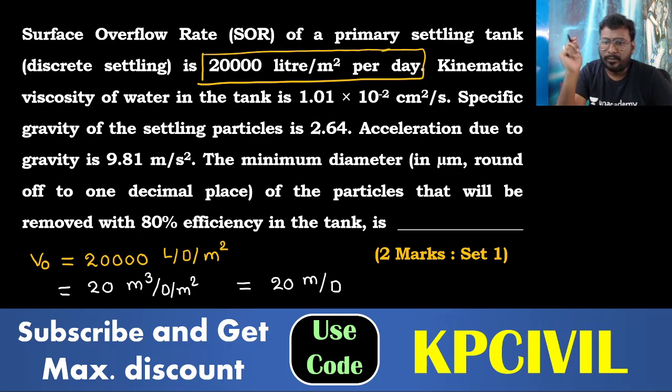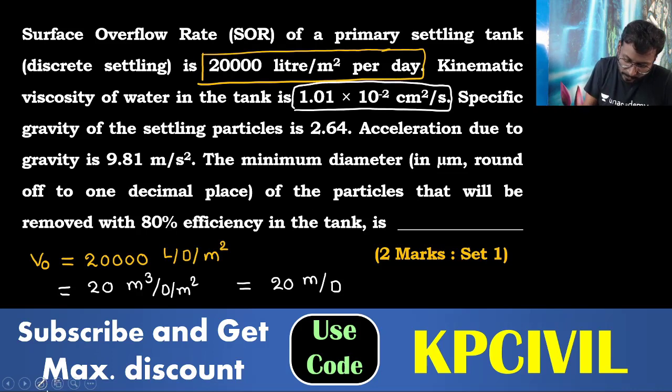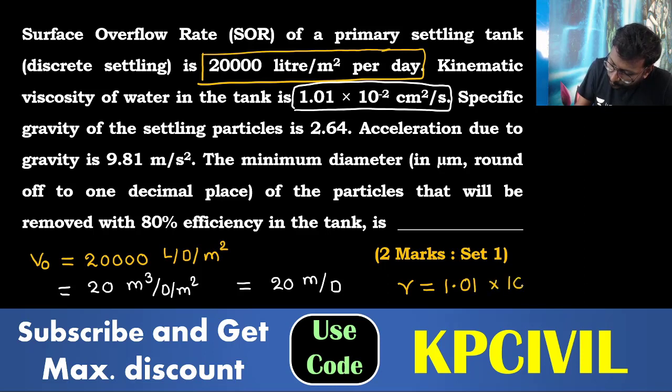Kinematic viscosity of water is 1.01 into 10 power minus 2 centimeter square per second. Which units do we always take for kinematic viscosity? Meter square per second. So I am converting centimeter square to meter square: 1.01 into 10 power minus 6 meter square per second.